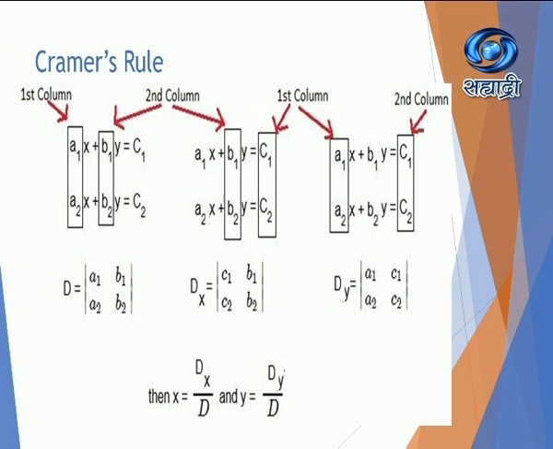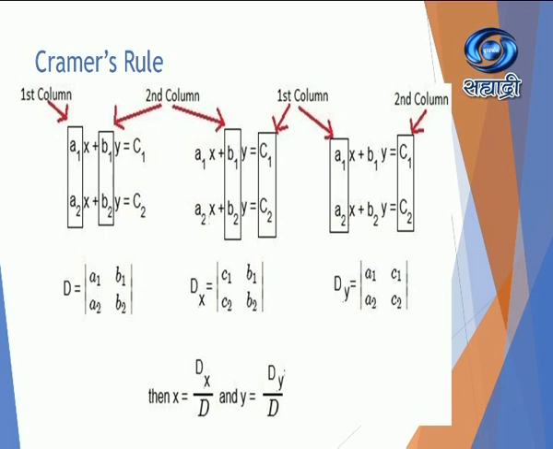Two equations in their general form I have written: a1x plus b1y equal to c1 and a2x plus b2y equal to c2. Here determinant D I have written as a1 b1 and a2 b2. In the second one I have taken the same equations, but here we have chosen c1 and c2 in place of the coefficients of x, and we are going to name this as Dx.